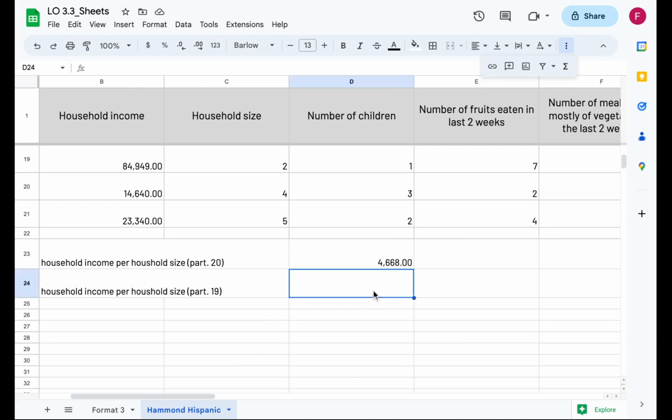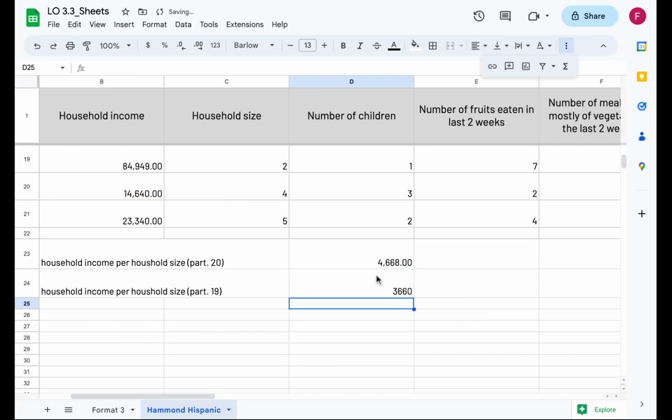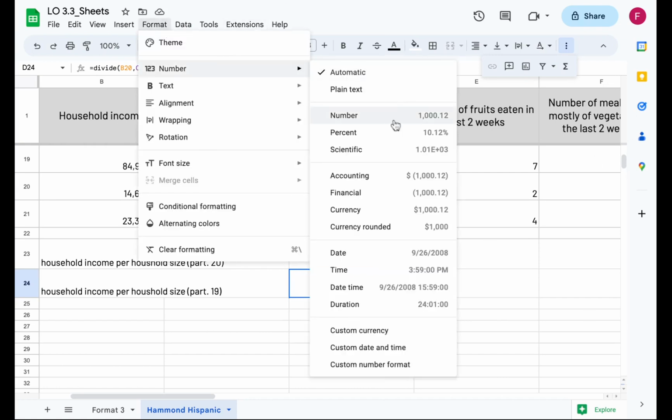And then let's do that for participant 19. We have divide, and this is the annual income, comma, household size, close bracket, and put that there. And I like to format it.